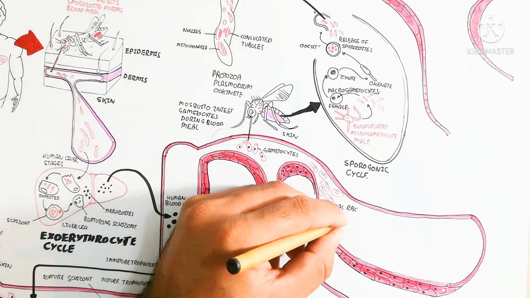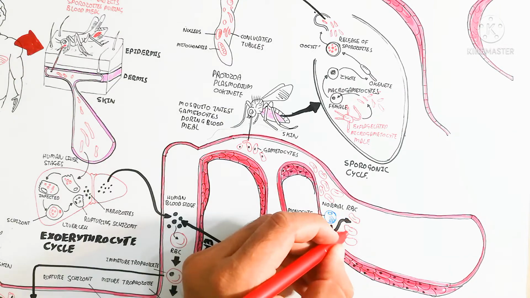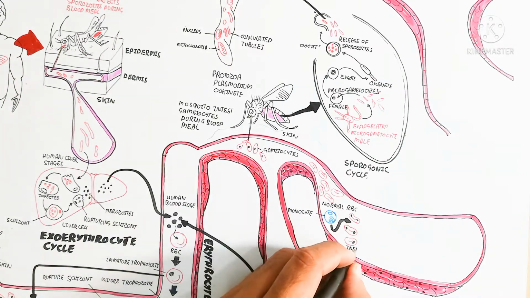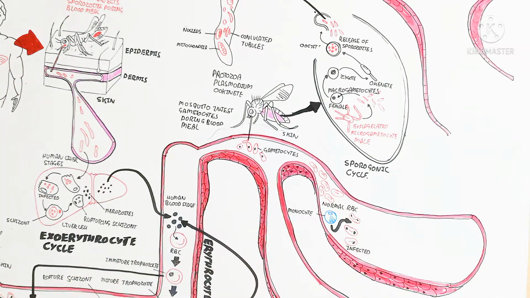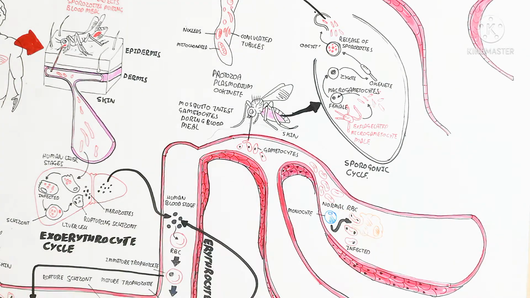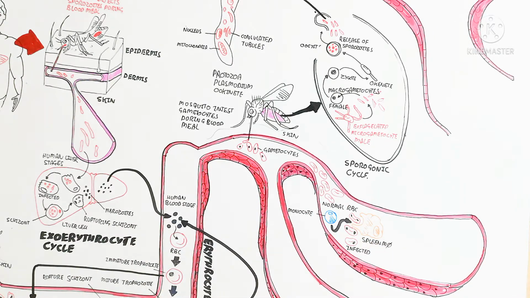Here you can see the blood circulatory system, with the normal RBC and the abnormal, infected RBC. They trigger monocytes to produce cytokines, and the spleen macrophages will ingest the infected red blood cells.